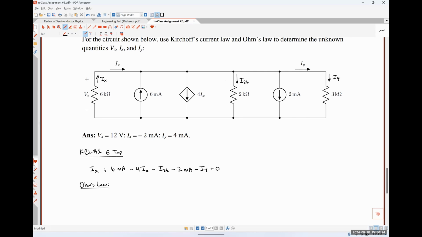So that means the voltage Vx is also the voltage drop across that 2 kilo ohm resistor, and it is also the voltage drop across the 3 kilo ohm resistor. So how am I going to express Ix in terms of Vx?